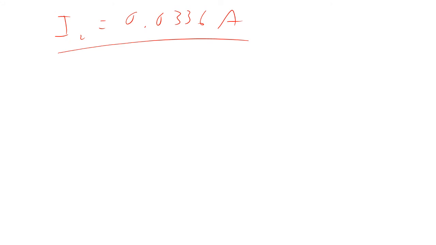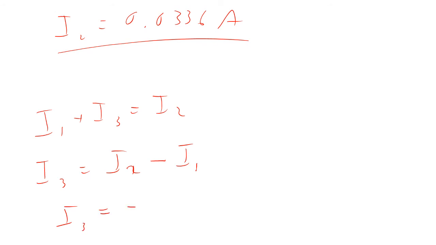Okay, I know that I1 plus I3 equals I2, so that means that I3 equals I2 minus I1. So that would be minus 0.0645 amps.